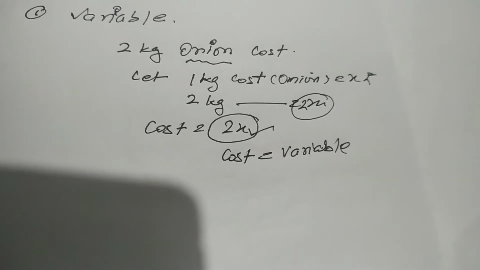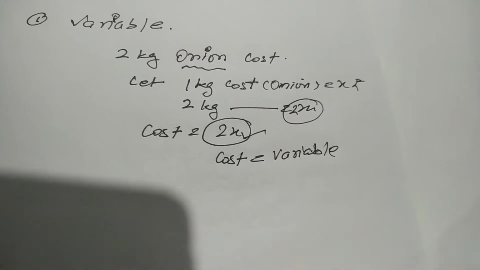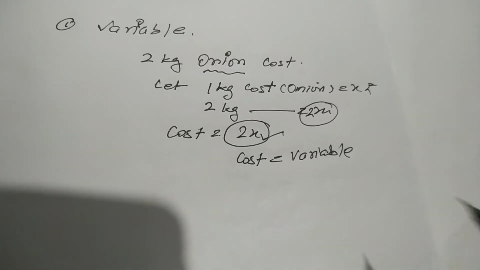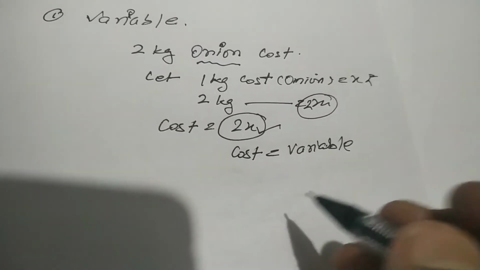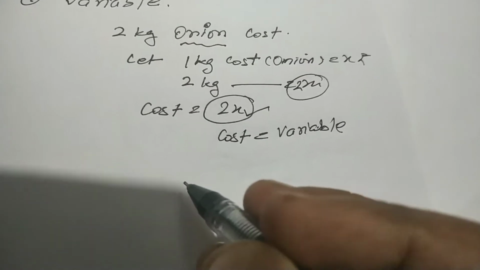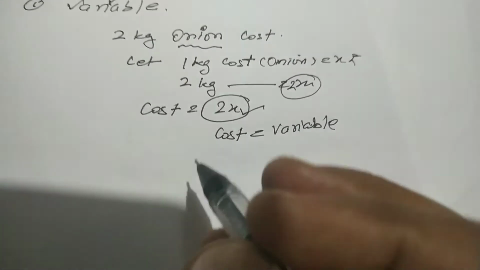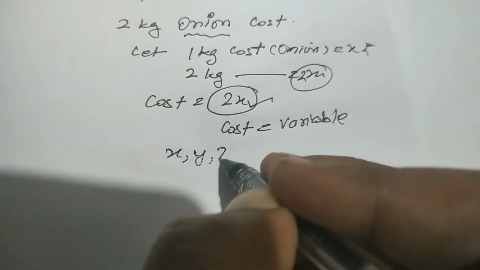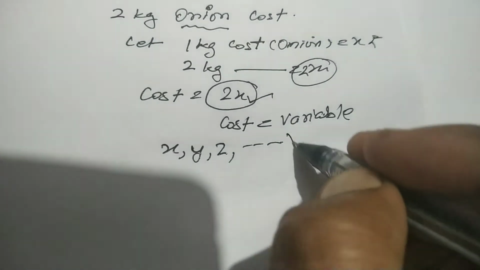If somebody has purchased some number of kgs of onion, then the onion cost is basically the variable. We are talking about the cost here. We generally write x, y and z, and these are all variables.